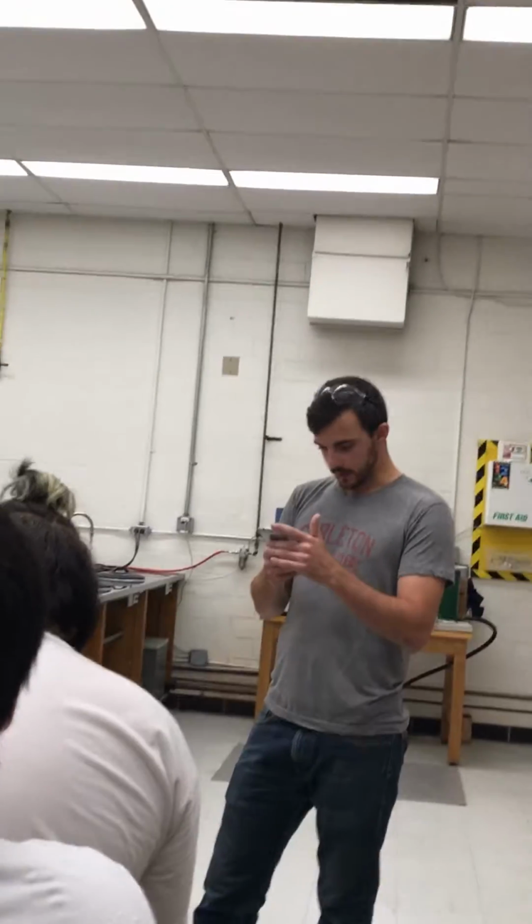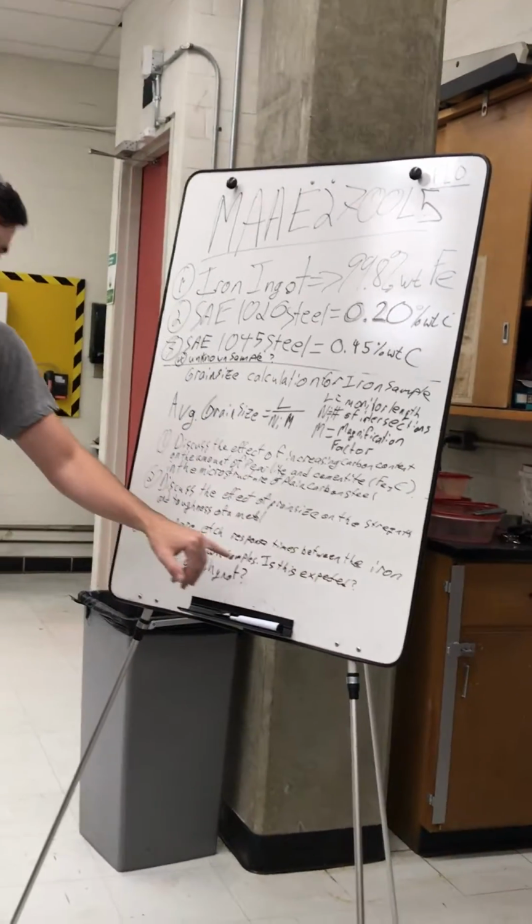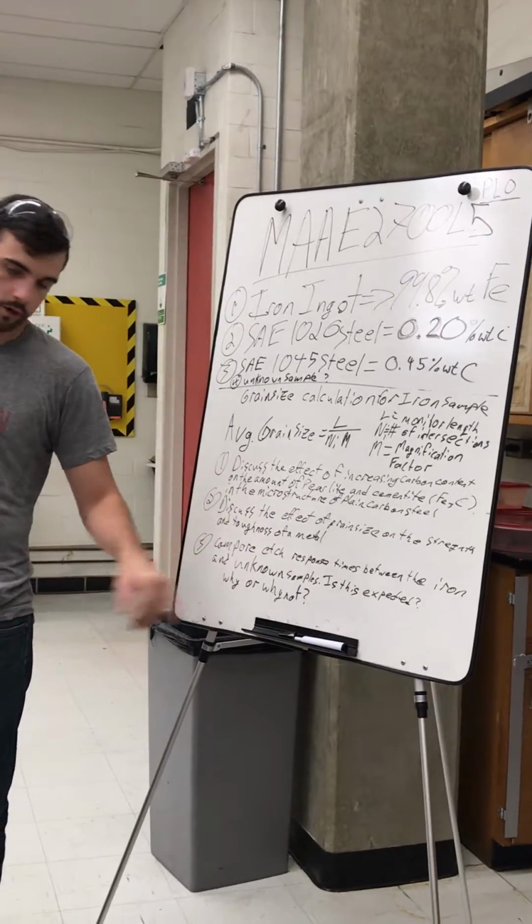All right. So, last question. Compare the etch response times in the iron and unknown samples. Is this expected? Why or why not?